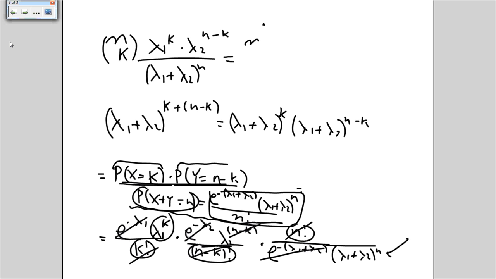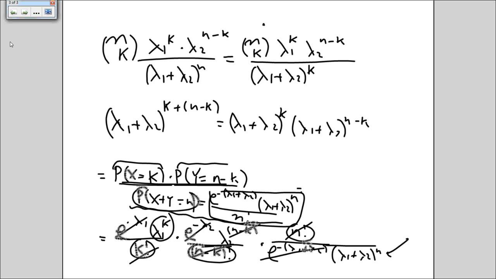So the top is n choose k times lambda 1 to the k, lambda 2 to the n minus k, all divided by lambda 1 plus lambda 2 to the k times lambda 1 plus lambda 2 to the n minus k. Let me erase some more, and we'll be done.